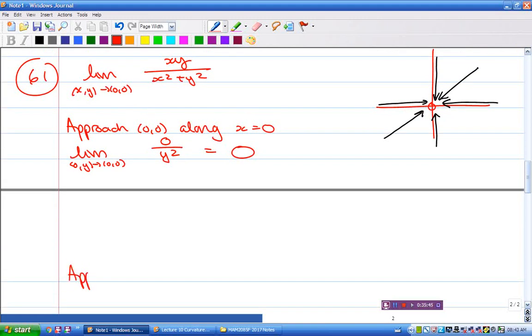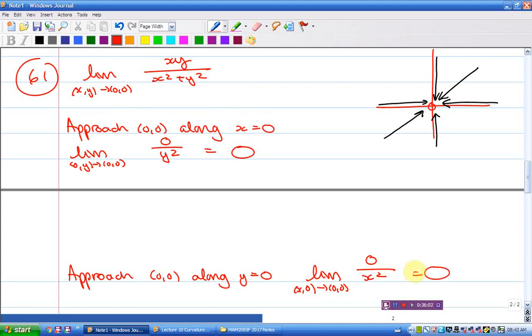What if I approach along my x-axis? You'll see you get the same story. Approach (0, 0) along y equals 0. Once again, I'm going to have a numerator of 0. So my x-axis and my y-axis, the ant walking along over here and the ant walking along over here, they agree. They're saying, I'm heading towards z equals 0. So am I. Yay, agreement.